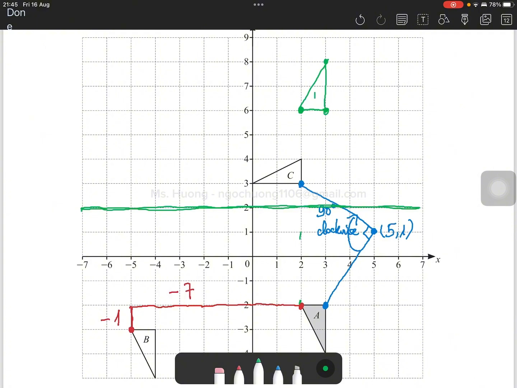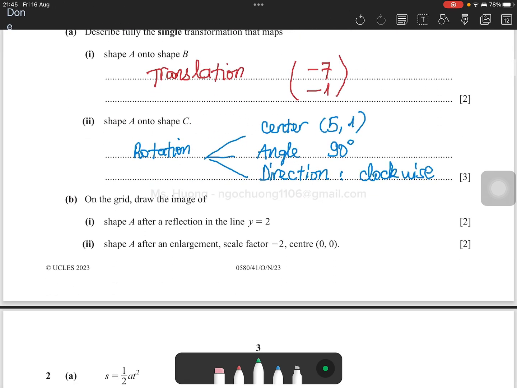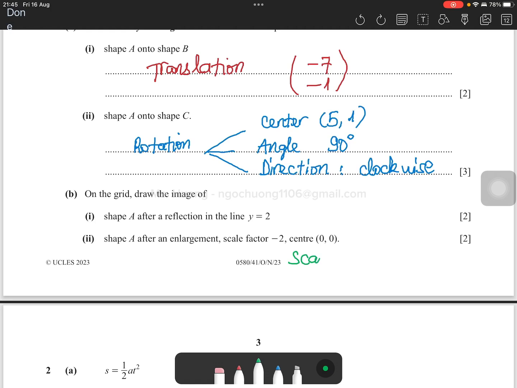Next, this is the first question. Second question, draw the image of shape A after an enlargement. Scale factor -2, center 0. You know that the scale factor is equal to image over the origin.